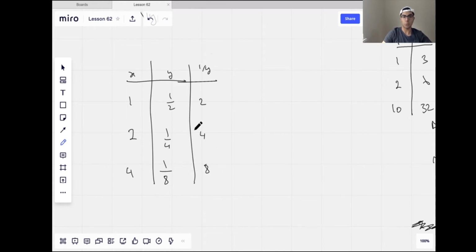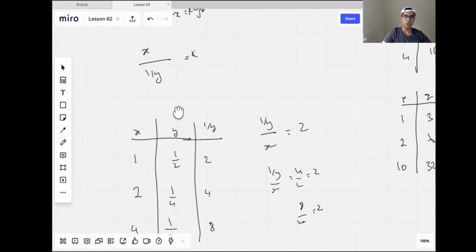is a constant. 1 over y divided by x is equal to 2, and then 1 over y divided by x is equal to 4 divided by 2, which is 2, and then 8 divided by 4, which is also 2. So this is what inversely proportional means: the ratio of x to 1 over y is some constant.